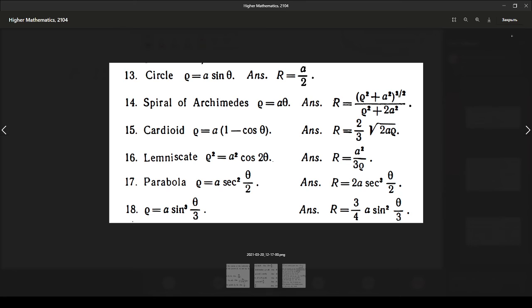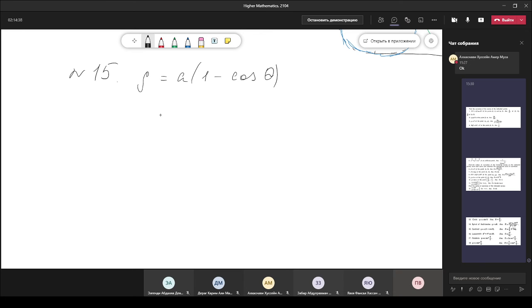Arbitrary point. Same way. Rho is A times 1 minus cosine of theta.